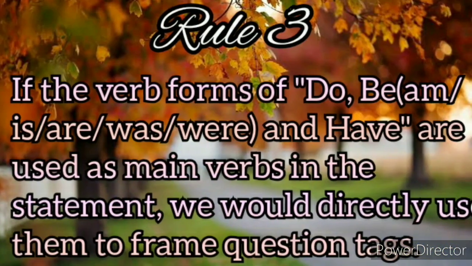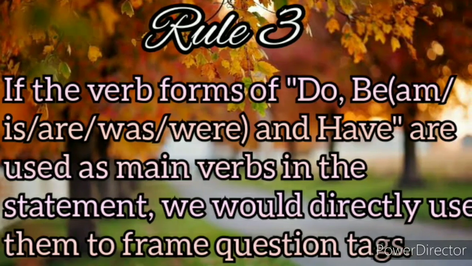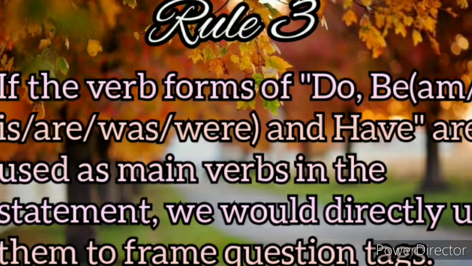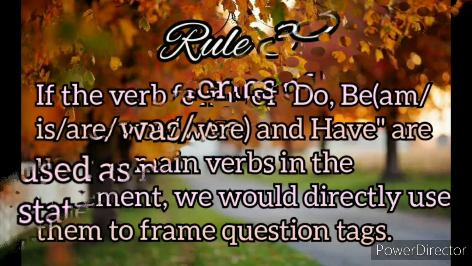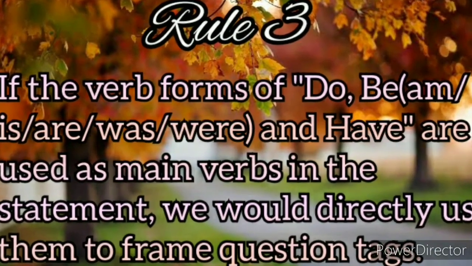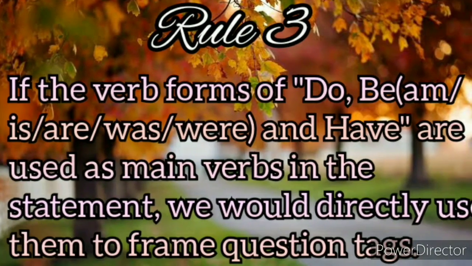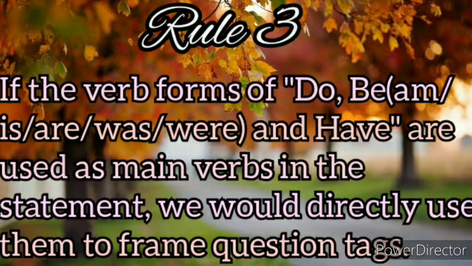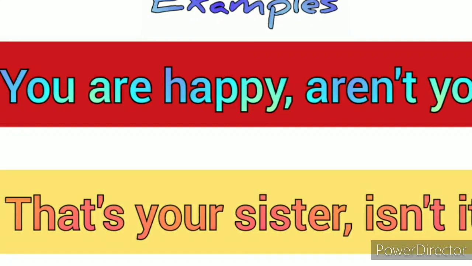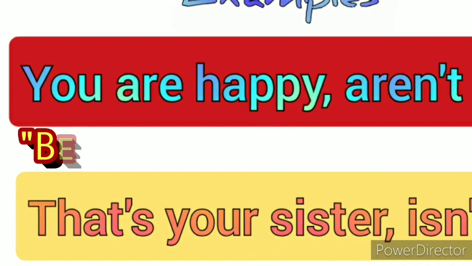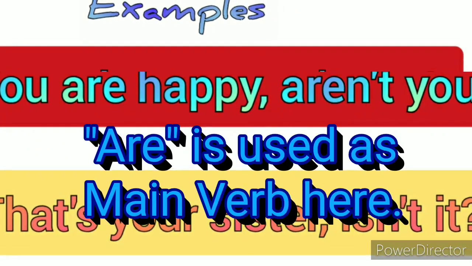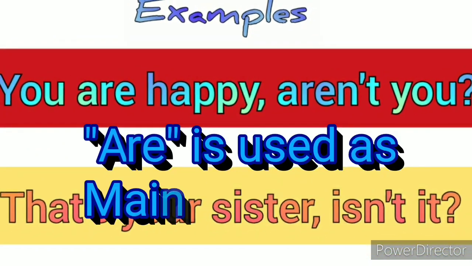Now children, rule number 3 states that if the main verb is in the forms of do, be or have, which are also auxiliary verbs, but if we use them as main verb in our statements, then we can directly use them in our question tags. Okay. For example, you are happy, aren't you? So over here you can see we are using are, which is one of the be form, and we are using are as a main verb over here, and we are using it directly in the question tag.